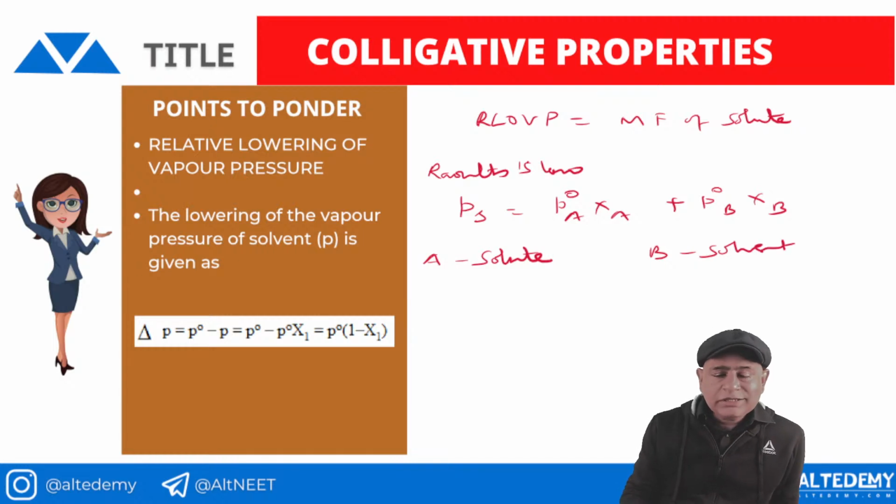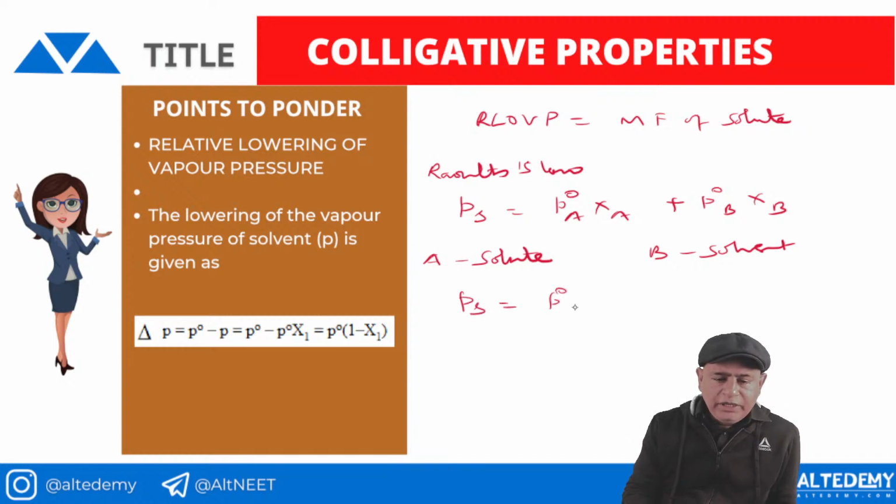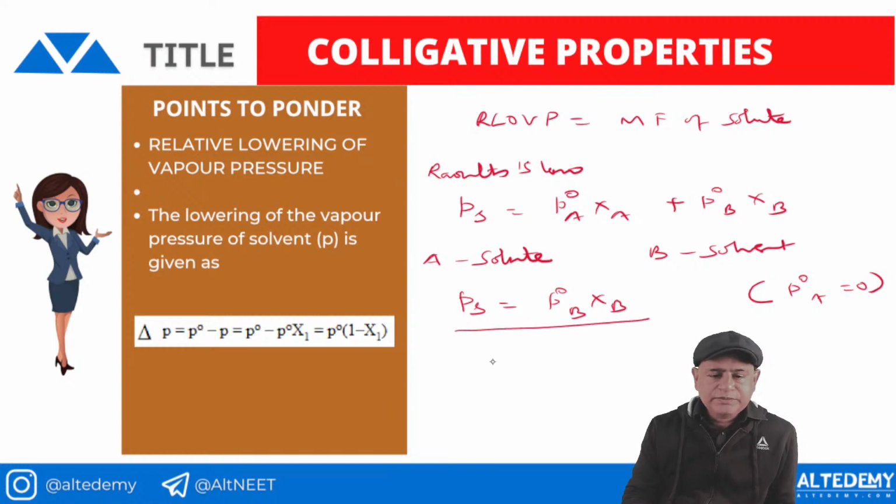Now when we are putting a non-volatile solute, we can write PS is equal to P naught B into XB, because in this situation P naught A will be equal to 0. A non-volatile solute will not have any vapor pressure.